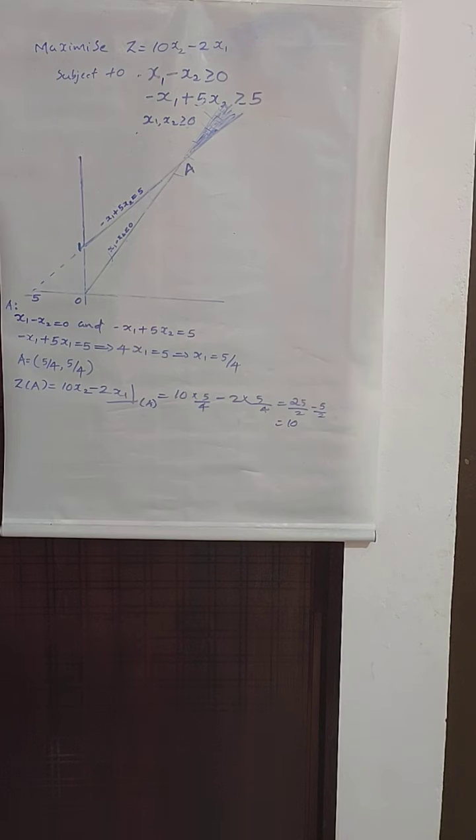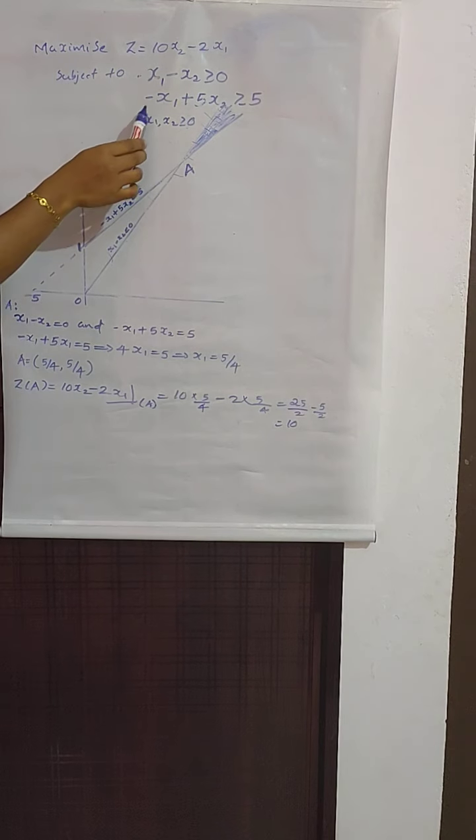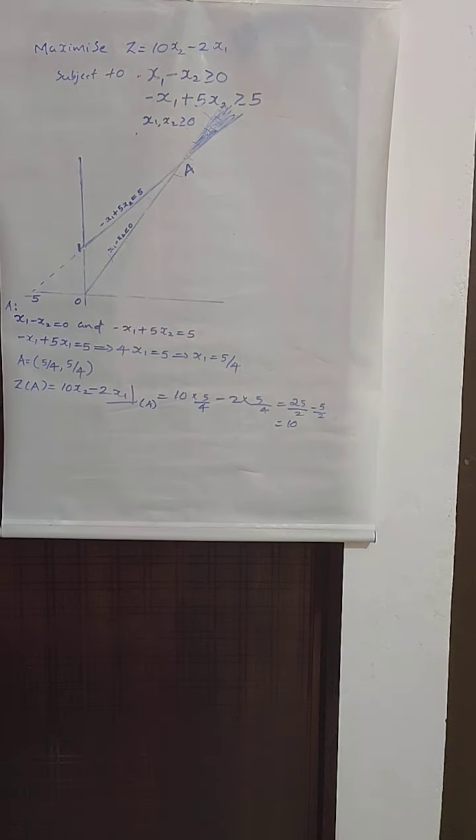That is, we get a point 0, 1. Next, if x2 equal to 0, then minus x1 equal to 5 and x1 equal to minus 5. So we get the next point minus 5, 0. That is, minus x1 plus 5x2 equal to 5 is a line passing through 0, 1 and minus 5, 0.